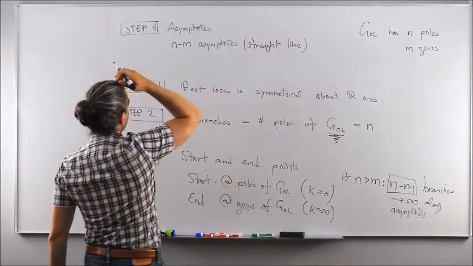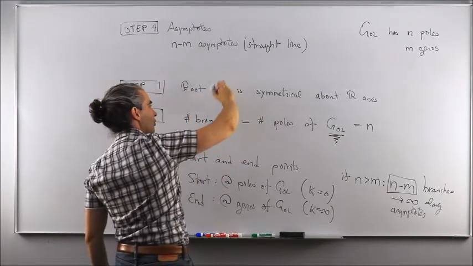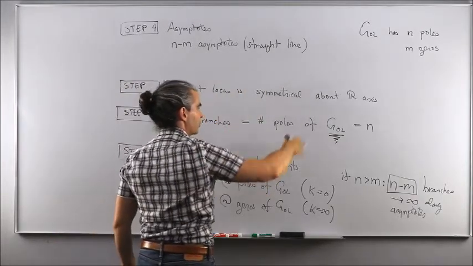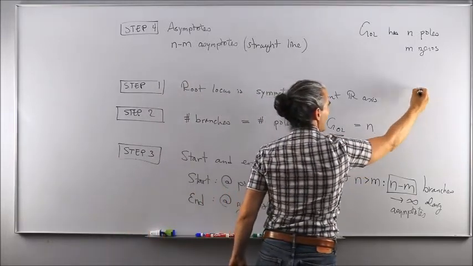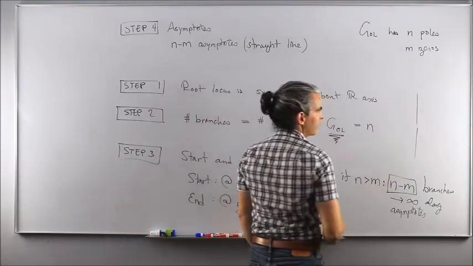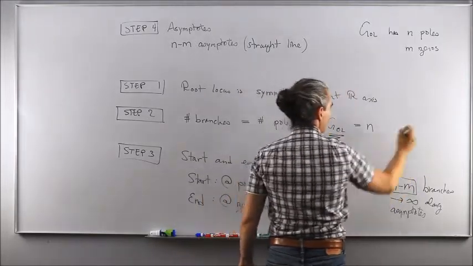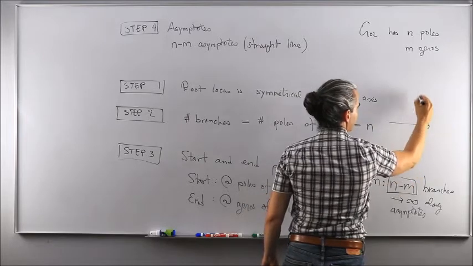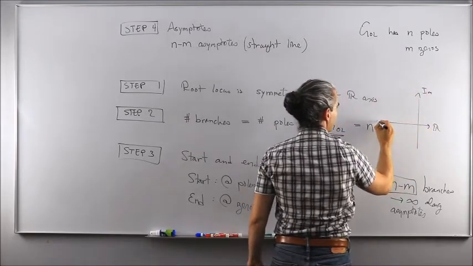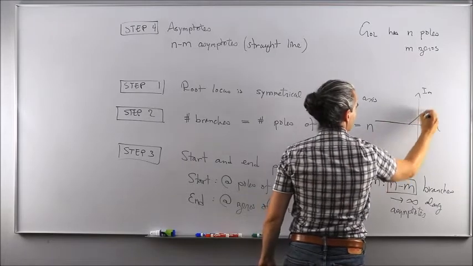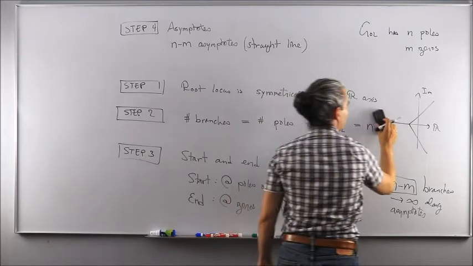So here in step 4, what we want to determine is where, in terms of angles, we are going to draw those asymptotes. In the previous example, we had one up, one down, but you could end up in a situation where, if you look at the complex plane, real and imaginary, you could have 3 asymptotes. One like that, one like this, one like that. And this is what we need to determine.